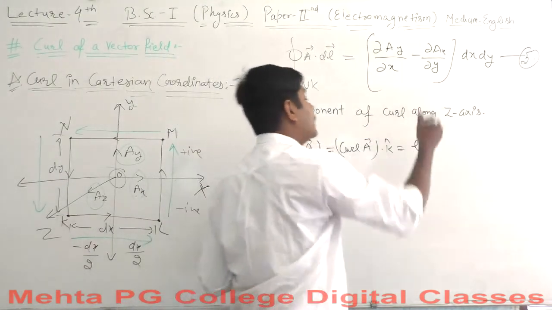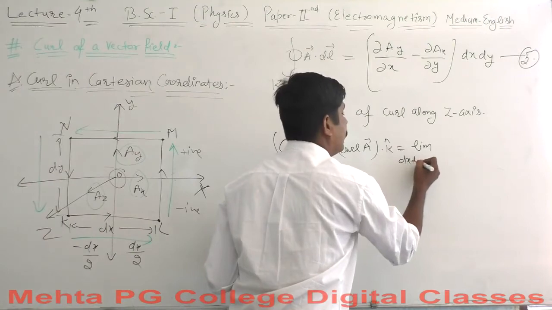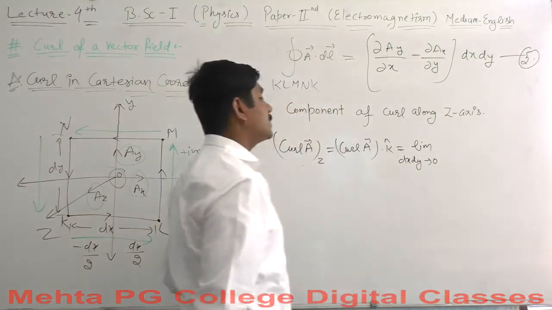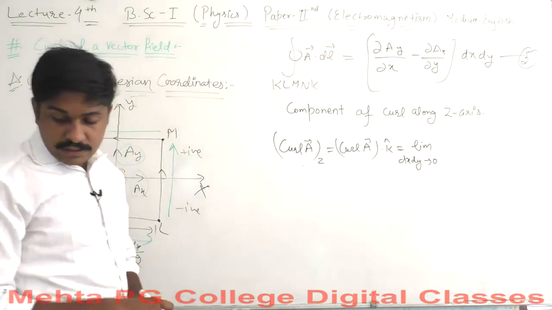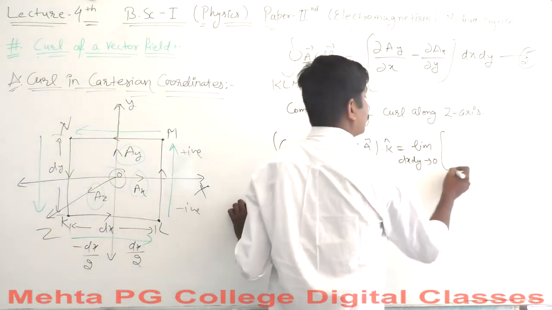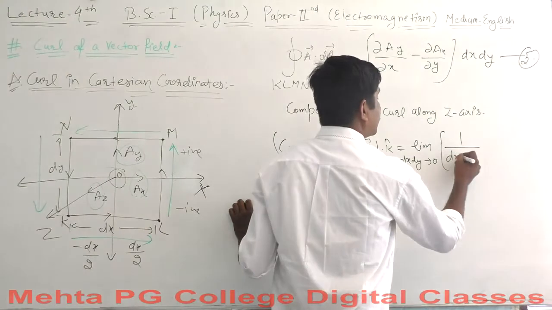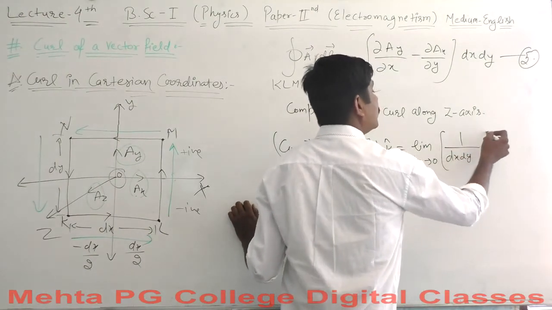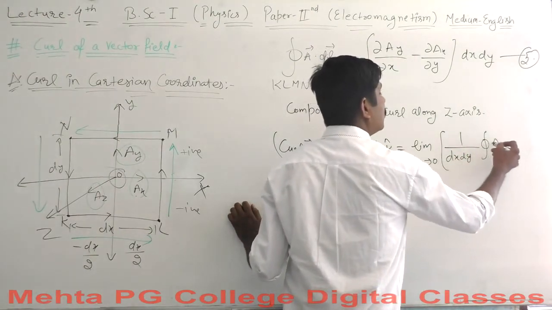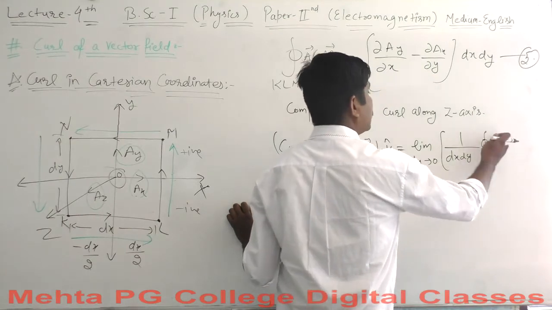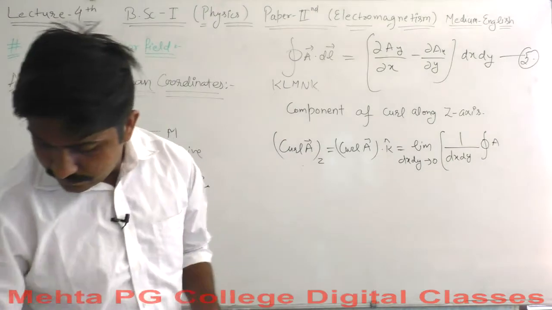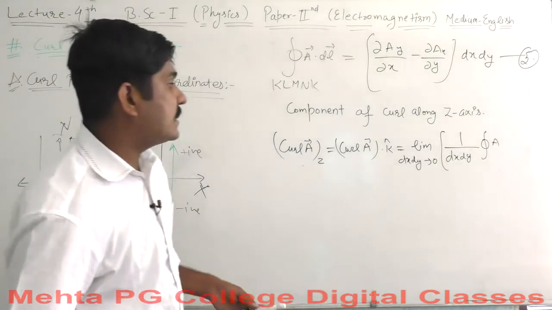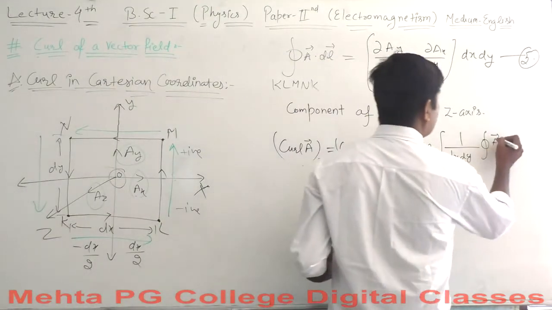So the area is dx dy. dx dy will approach 0, and 1 over dA, you say dx dy, and the closed integral of A dot dl, you say what it is. So A dot dl, let me write it here. Yes, it was A dot dl.